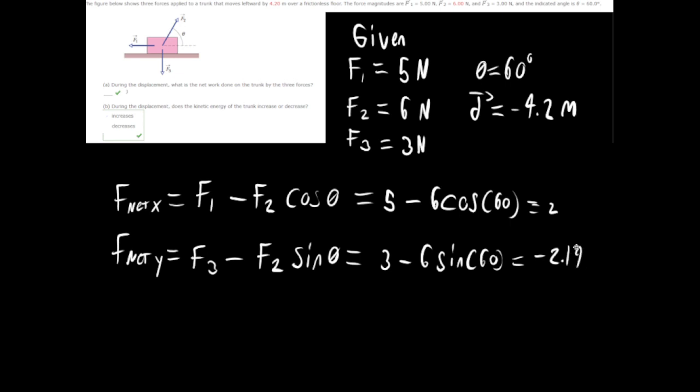All right. Now it's asking us, during the displacement, what is the net work done on the trunk by the three forces?